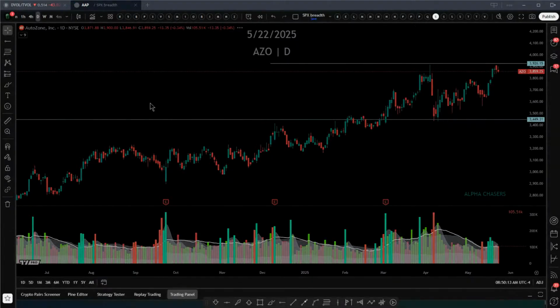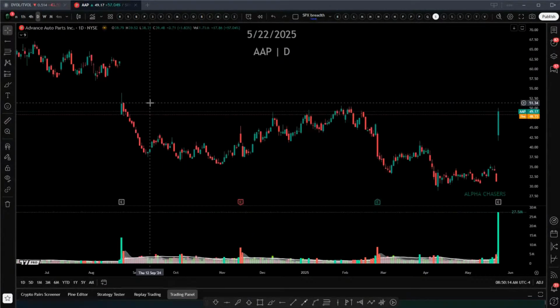And everyone and their sister shorts this one and goes long the other one as a pair trade, right? Because it never works. They never get it together. So just understand that.